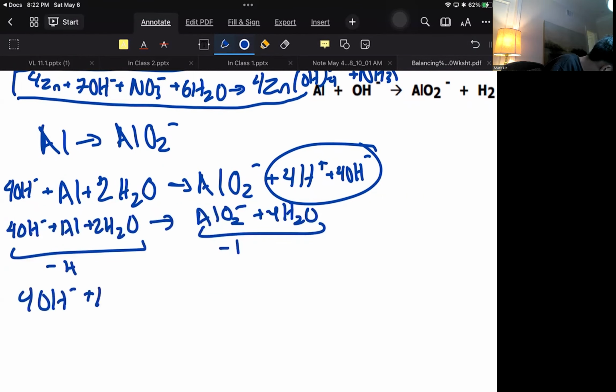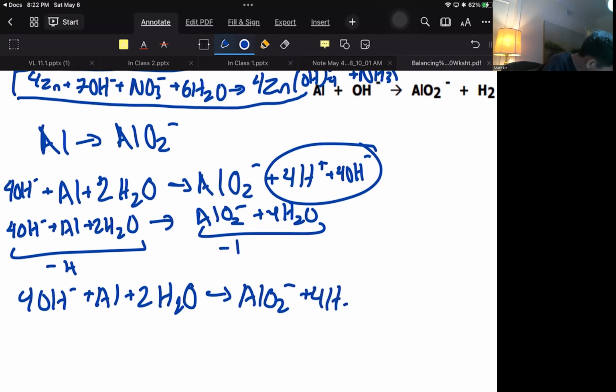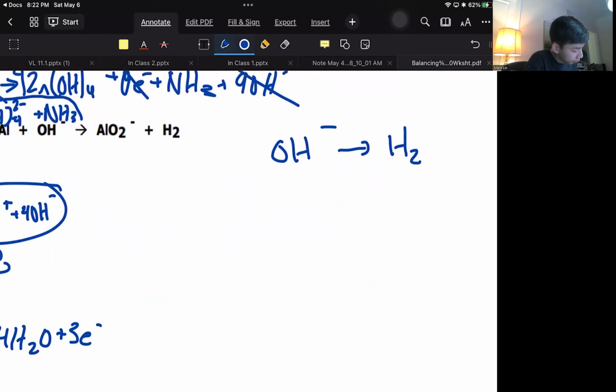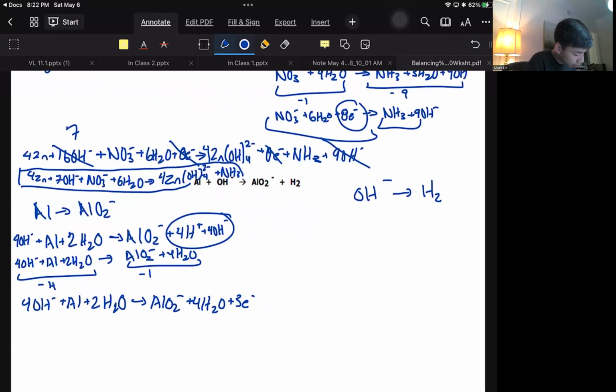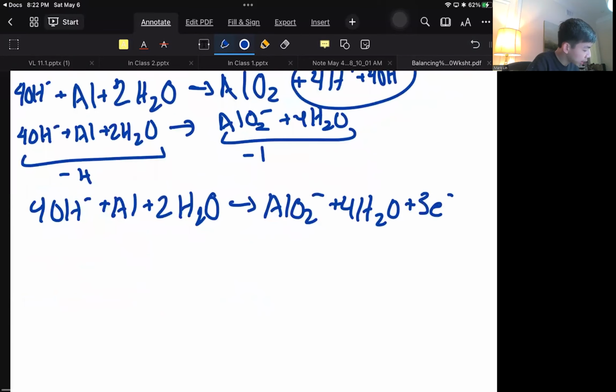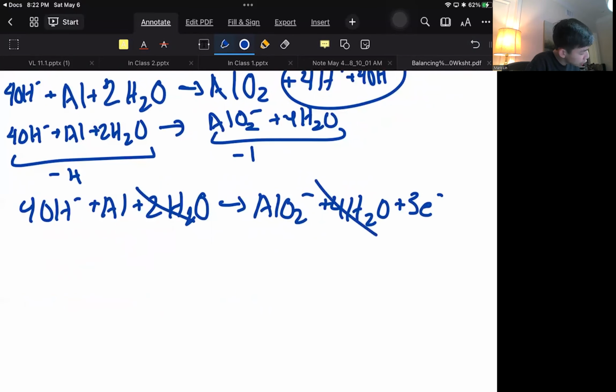4 OH minus plus Al plus 2 H2O is going to be AlO2 minus plus 4 H2O plus 3 electrons. And so from here we can cancel out these H2Os. So 4 minus 2 is going to be 2 H2O.